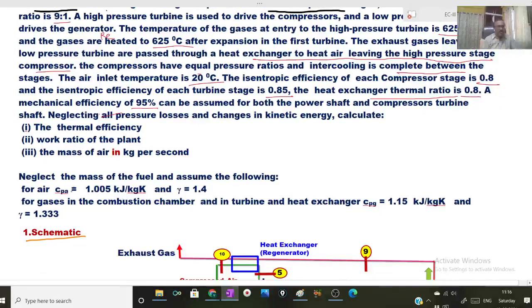For air, CPA, that is specific heat, 1.005 kilojoule per kg Kelvin and gamma 1.4. And for gases in the combustion chamber and in turbine and heat exchanger, CPG is equal to 1.15 kilojoule per kg Kelvin and gamma 1.33. It's a very long problem.